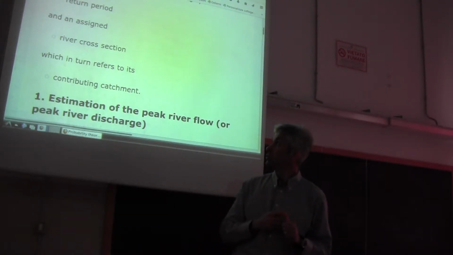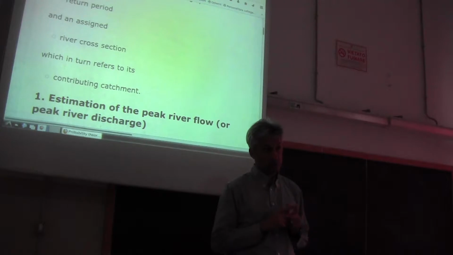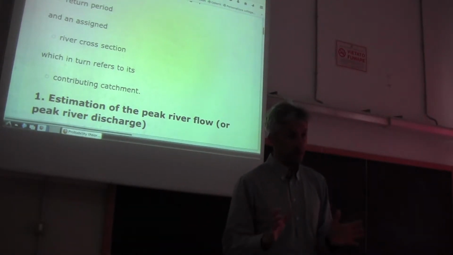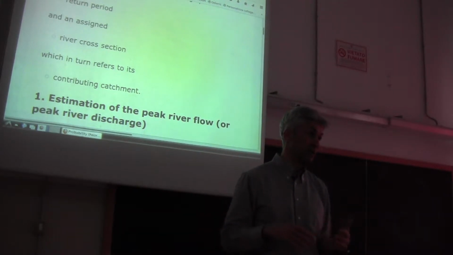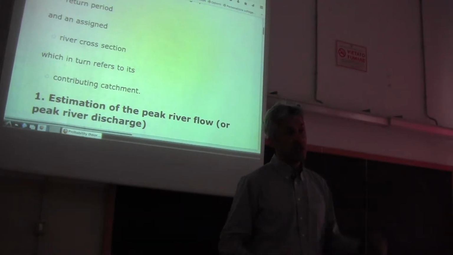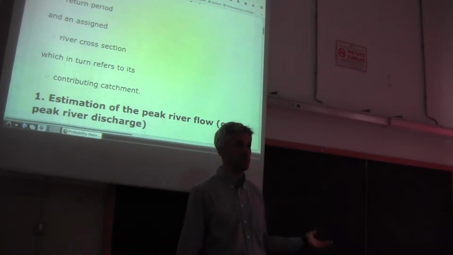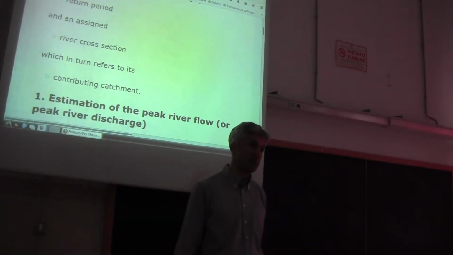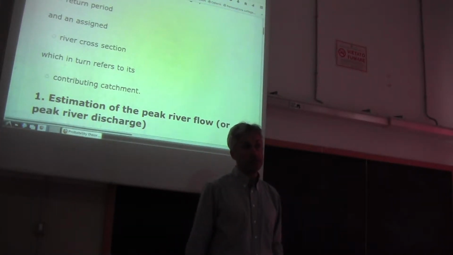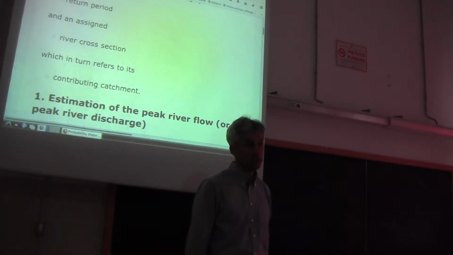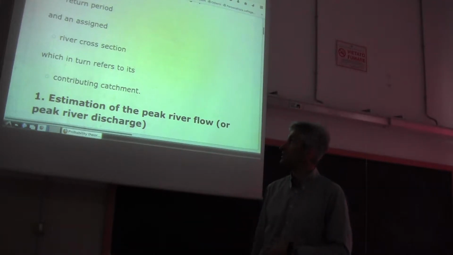They refer to a river cross-section. So when we talk about a flood flow, we always have to specify where. And in turn, the river cross-section refers to a catchment. So we always have to say the flood flow of the Po River at Ponte Lagoscuro, at Boretto, at Piacenza. Always the location must be specified. And the location means the location of the considered river cross-section.